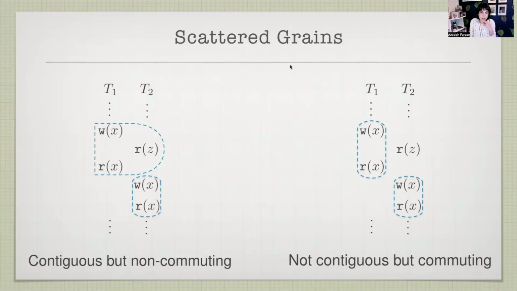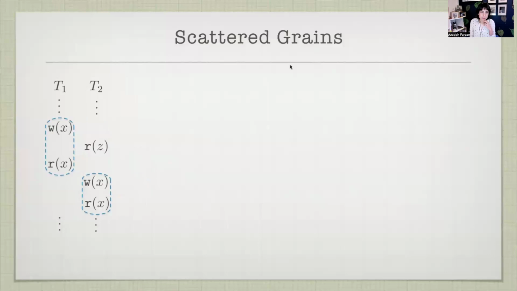And I want to make a quick observation that with scattered grains, when you pick a grain, the blue one, and pick another grain, the pink one, you're entering the world where you're breaking this total order business that Deepak asked me about a few times, right?